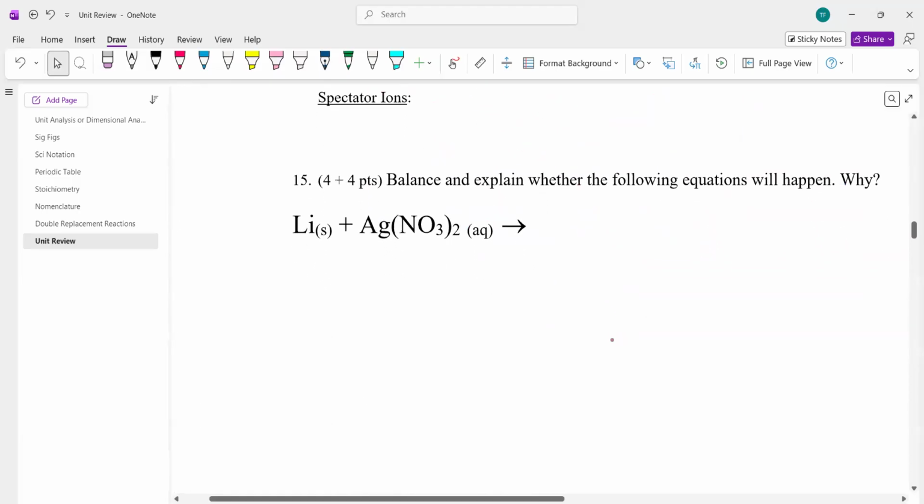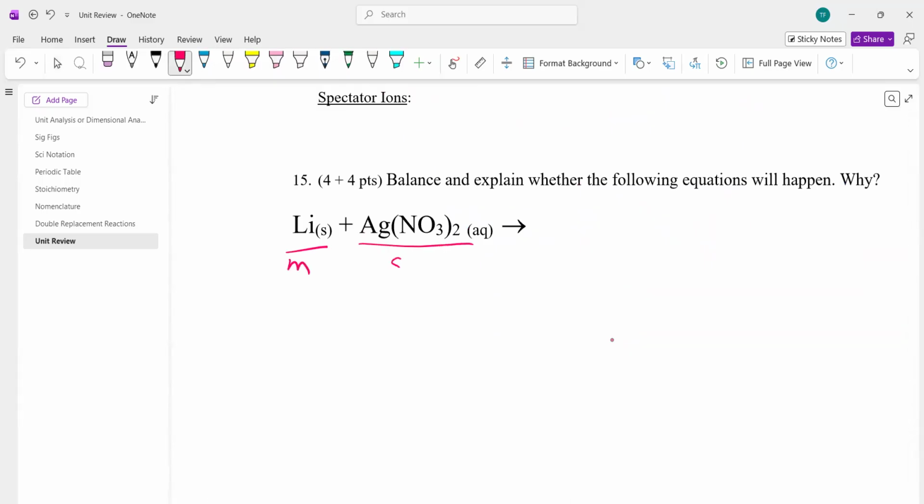So this one here, we've got a metal and a salt. That's single replacement. That means the two metals swap. The lithium goes where the silver is. You need your reactivity table to do this problem. If the metal is higher than the salt metal, it'll go.